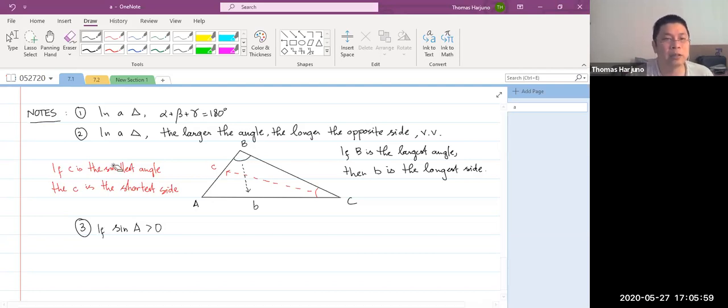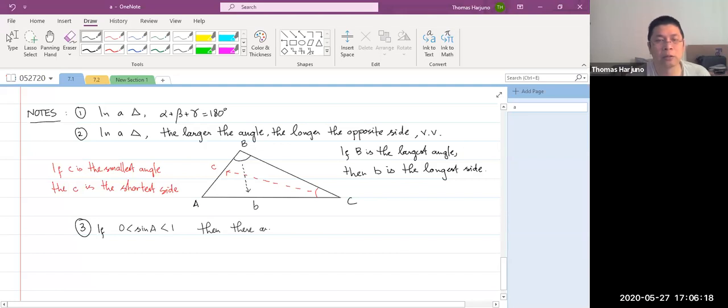To be more precise, if sine A is positive but less than 1, then there are two angles A satisfying that.